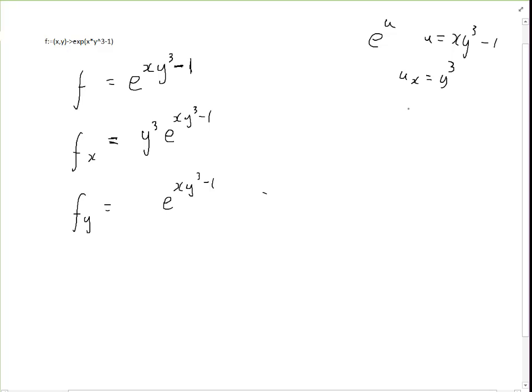But now I'm doing this derivative. So differentiate this, you have 3xy squared. This goes to 0. So that gives you this answer. So I have to multiply this 3xy squared. Okay.